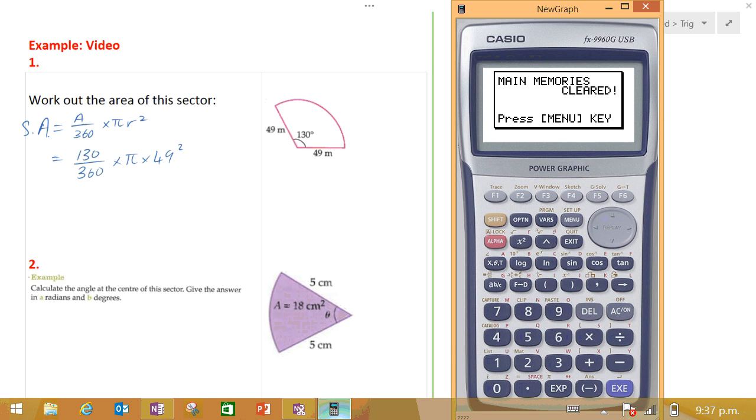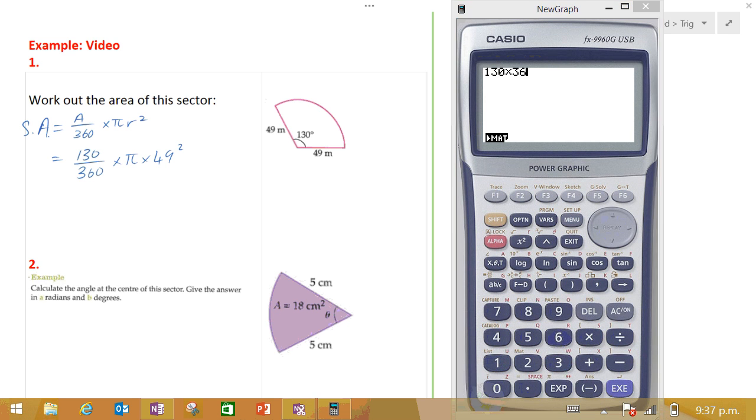Alright, let's see what it gives us, calculator. So 130 divided by 360, times pi, times 49 squared.